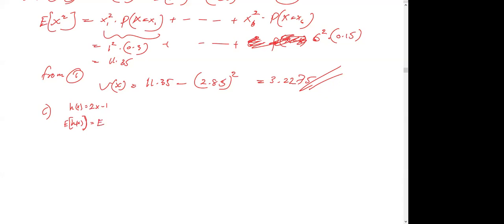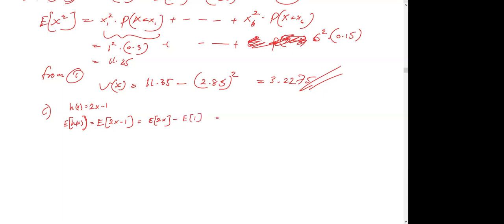So expected value of h(x), what is h(x)? 2x minus 1. So it is easy. You can simply assign expected value for each and every element in this expression. So expected value of 2 times x minus expected value of 1.